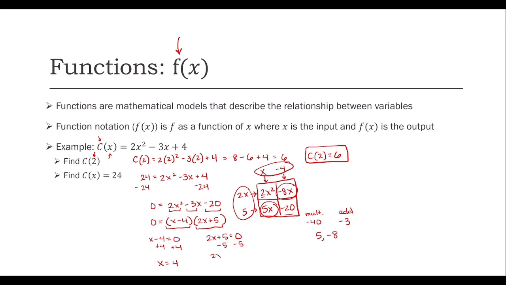We get 2x equals negative 5. And then we'll divide by 2 and get that x equals negative 5 halves. So c of x equals 24 when x equals 4 or negative 5 halves.